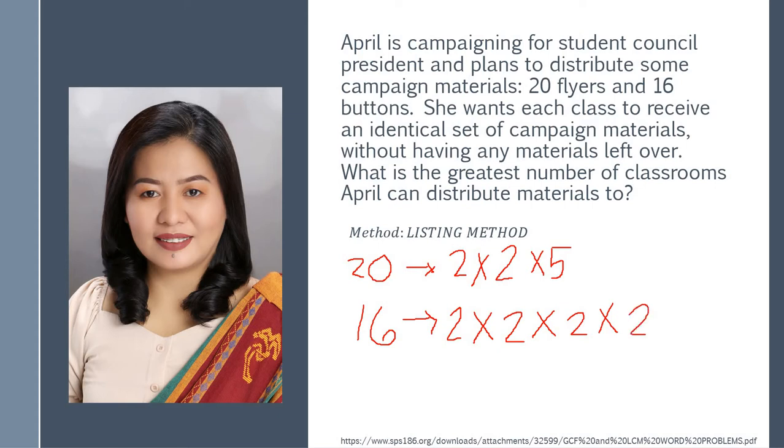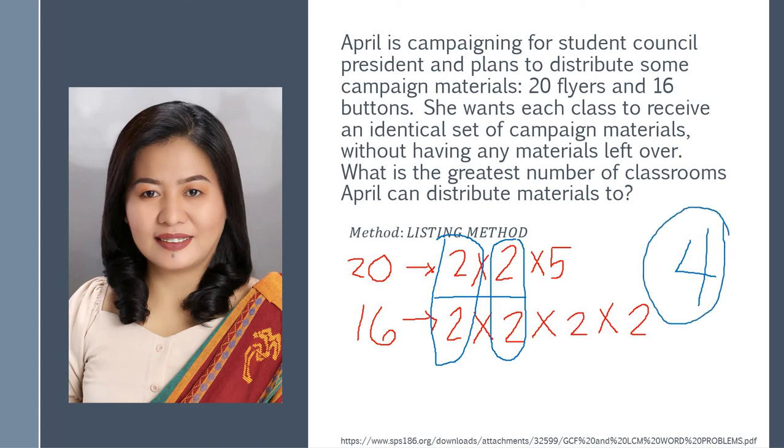What we do is we just look at the pairs of numbers. That's one pair, and that's another. It would mean that the common factor of both is 4, which is similar to our two previous methods, the same answer.